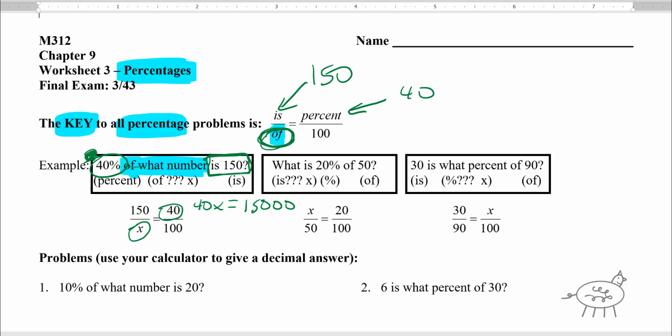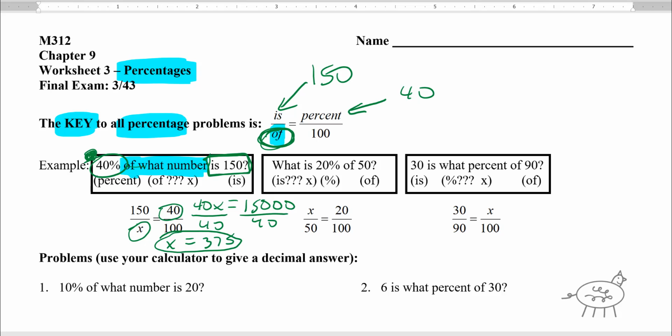How do you solve for x? You divide by 40. 15,000 divided by 40 is 375. So x equals 375. That's your answer. Basically it's saying 40% of 375 is 150.